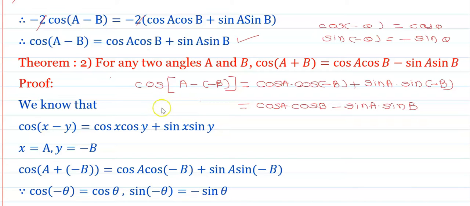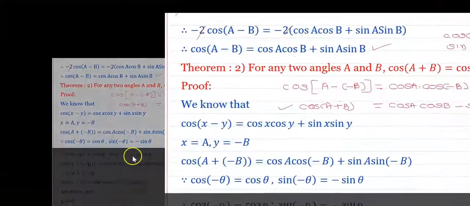And hence the result is proved. Minus in bracket minus B means minus minus is plus. So when there is a plus sign here, there is minus here, and when there is minus here, there will be plus here, and hence our result is proved this way.